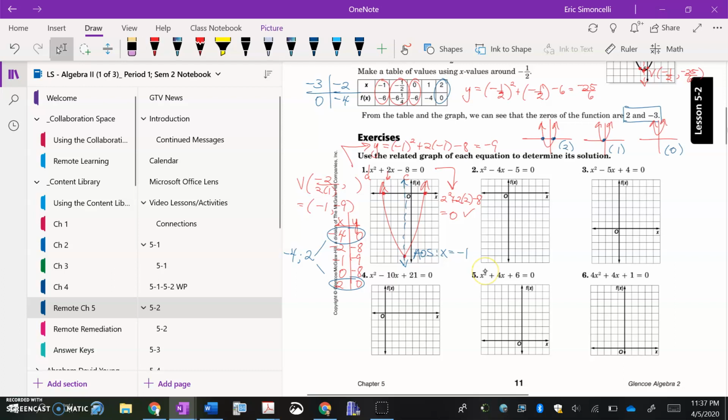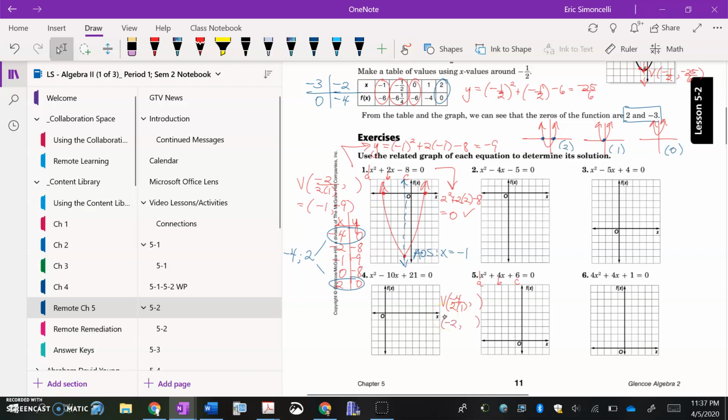So looking at number 5, we've got an A of 1, a B of 4, and a C of 6. So to start the problem, we'll do our analysis with negative B divided by 2A. And if we do that math, that becomes -4 over 2, so simply -2.